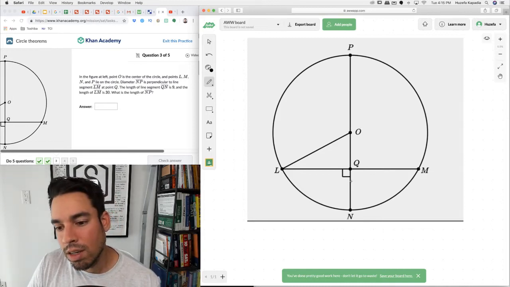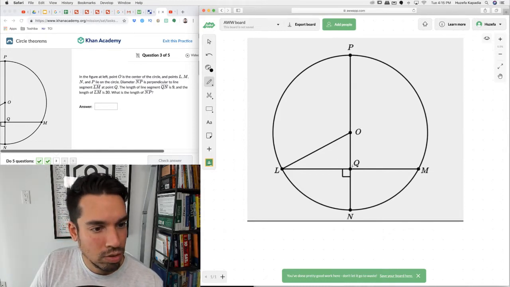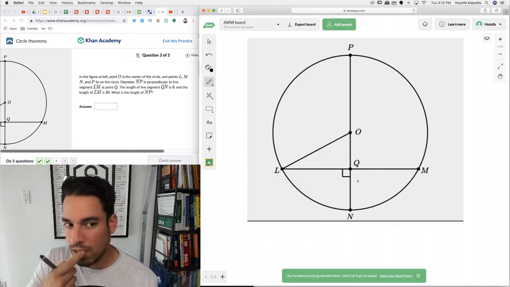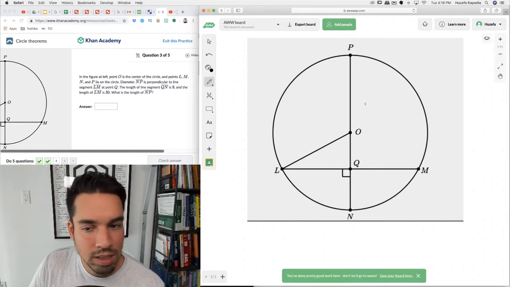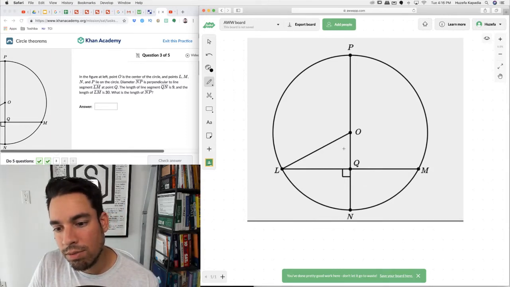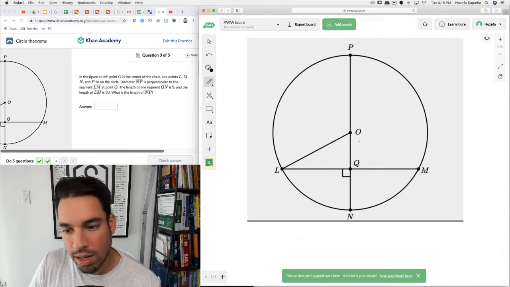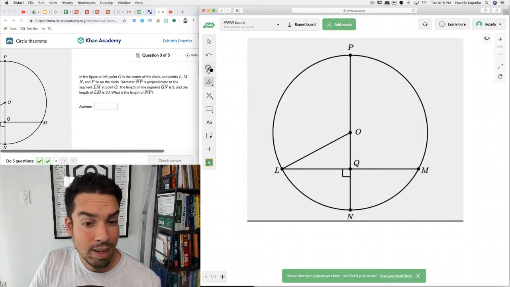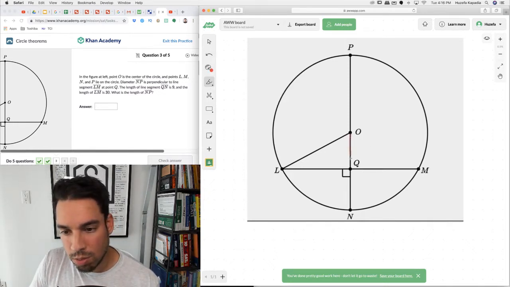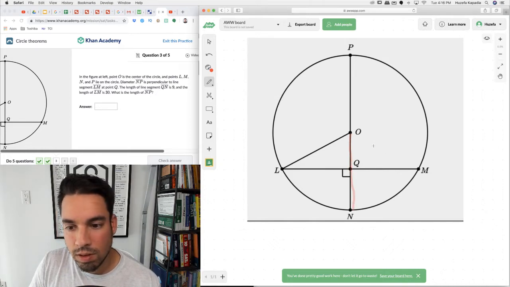NP is a diameter perpendicular to line segment LM, which is all good. All this stuff is on the diagram. The length of line segment QN, that's the first thing that's not given, is 9. I have the luxury of having some colors to play with, so that's our 9.